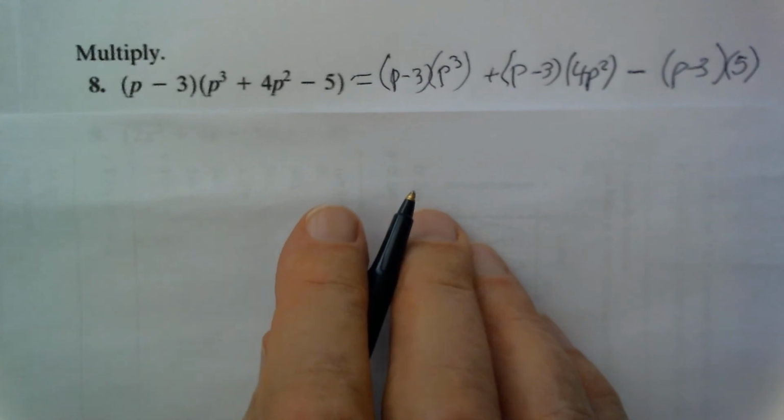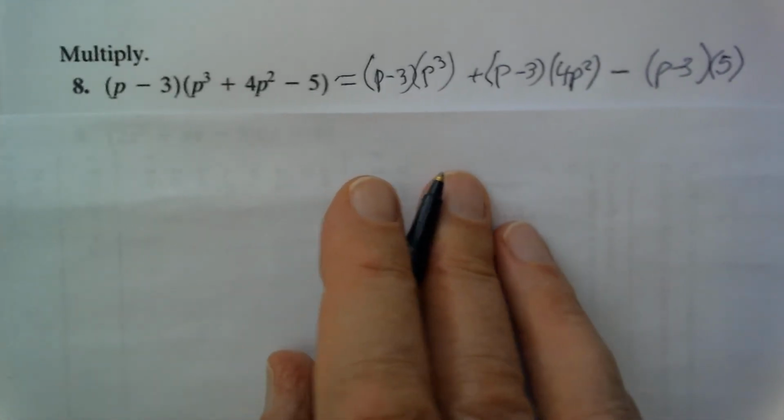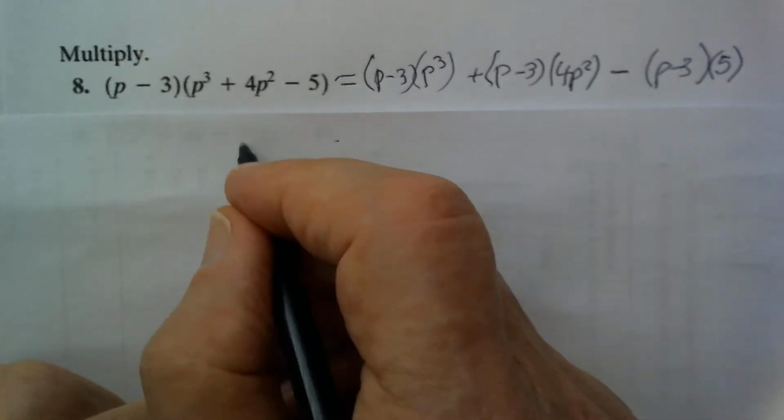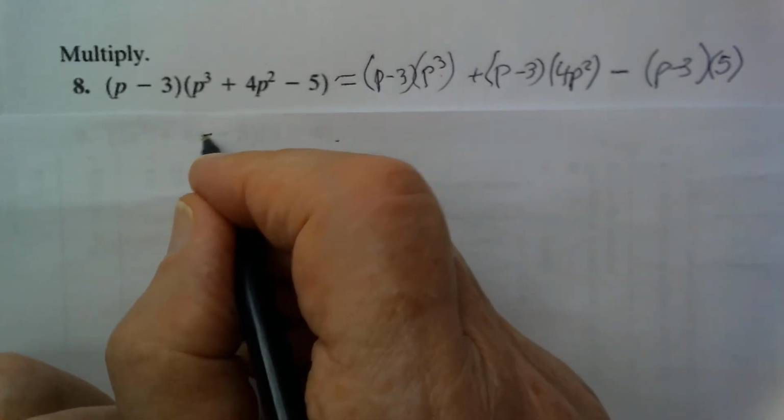Okay? So that sets it up now for doing the work of multiplying each binomial times the monomial. So let's see what we get.